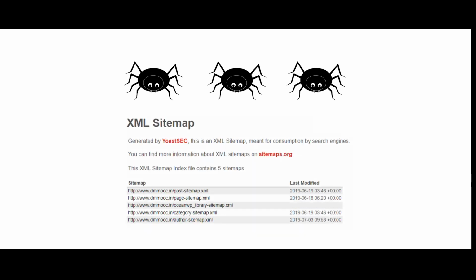Search engine spiders or crawlers read this map or file to crawl your site for collection of relevant information. Therefore, every webmaster should prepare the sitemap and submit it to Google through Google Search Console.